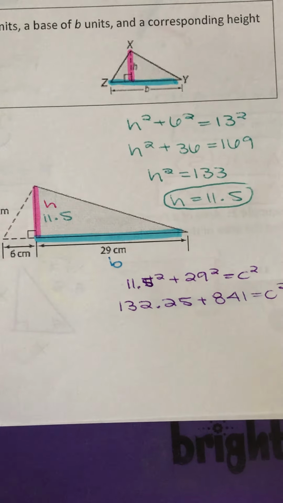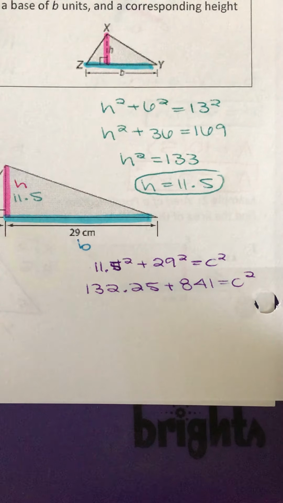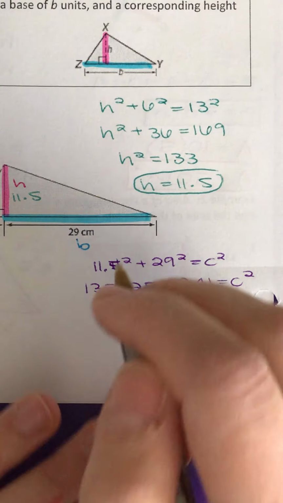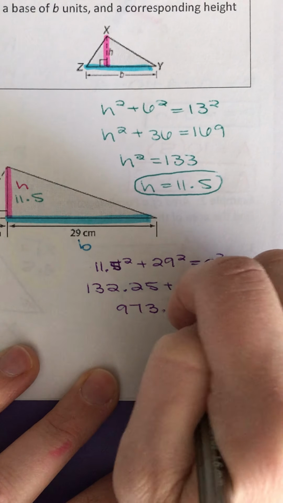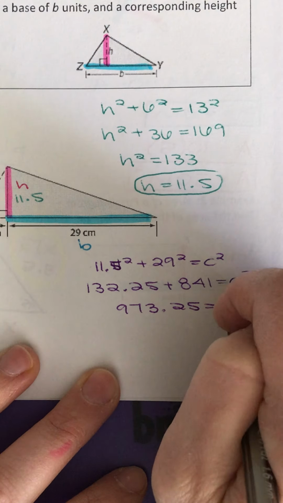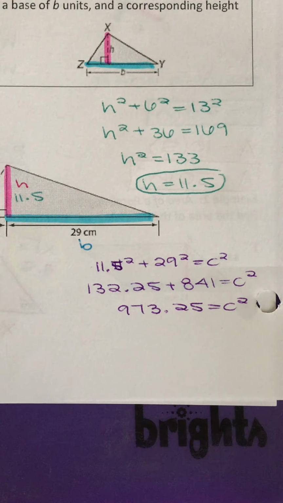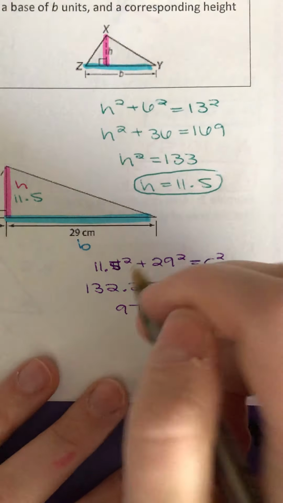Equals c squared. When I add those two up, I get 973.25. And the square root of that is about 31.2.